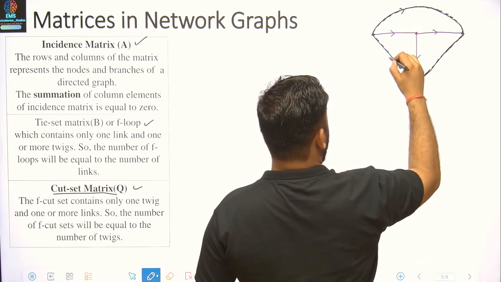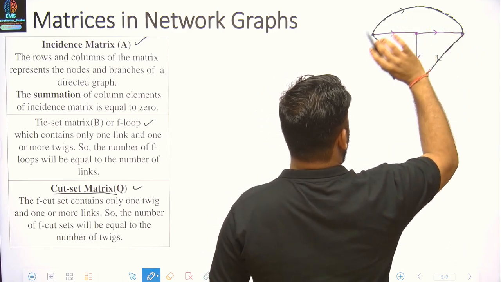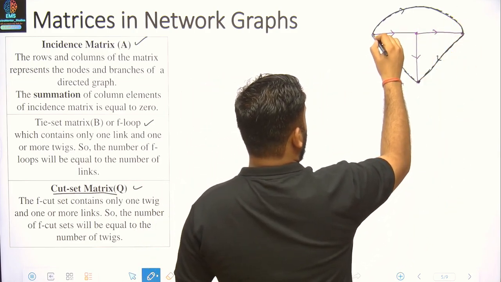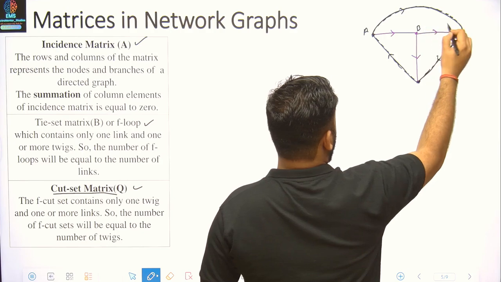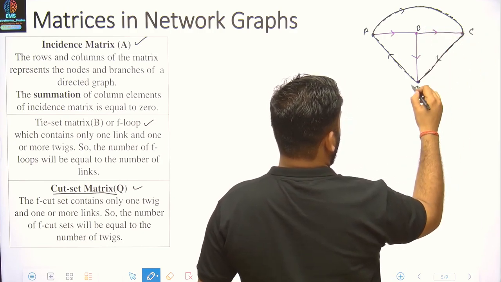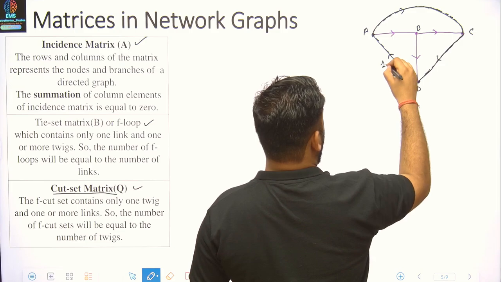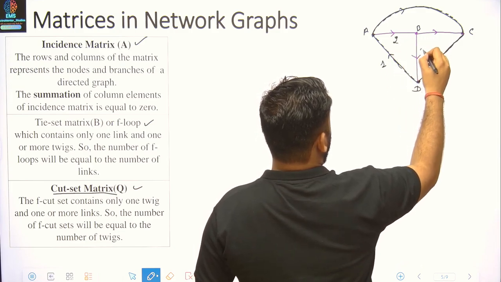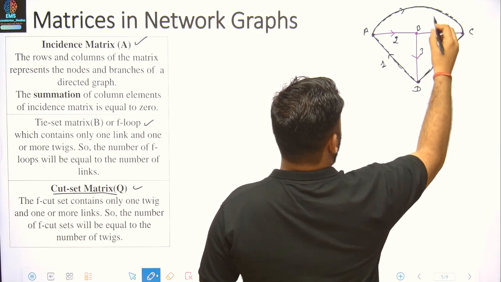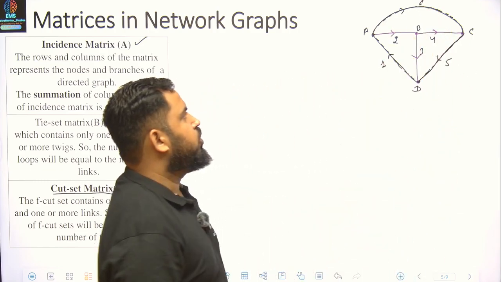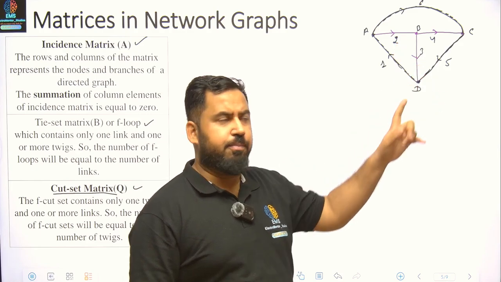I've given the directions of the current. Let's put this as node A, node B, node C, node D. So the branches are 1, 2, 3, 4, 5, and 6. So we have 4 nodes and 6 branches.